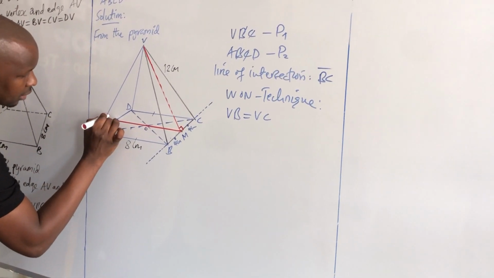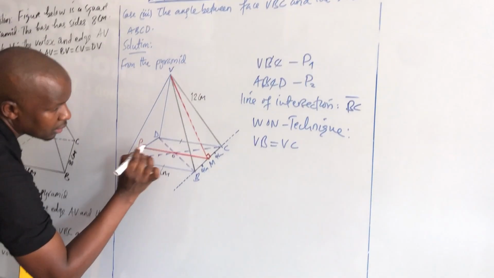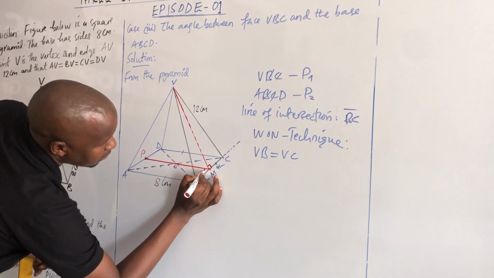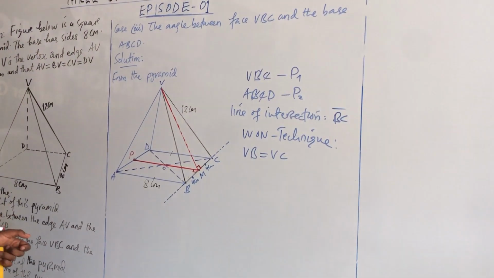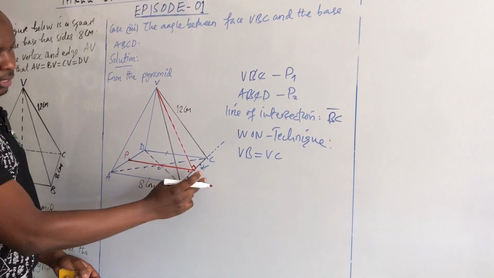Here maybe you can call it point P. So the other perpendicular line from the second plane to the line of intersection at M will be PM.